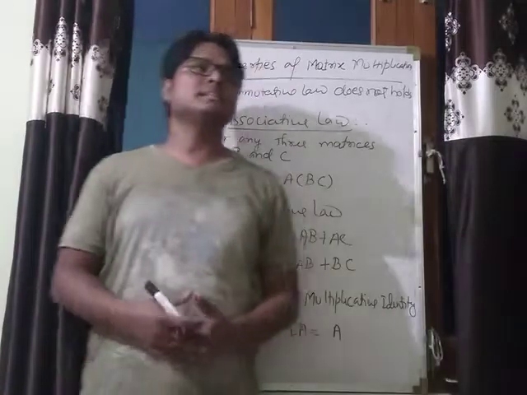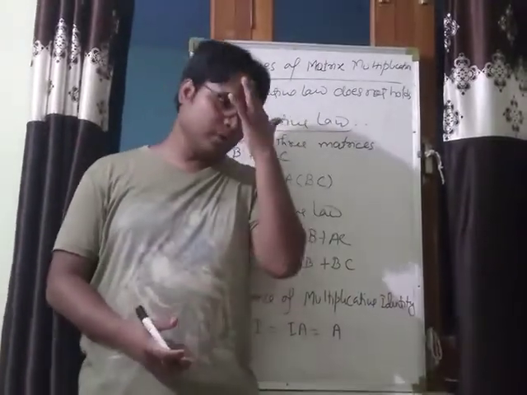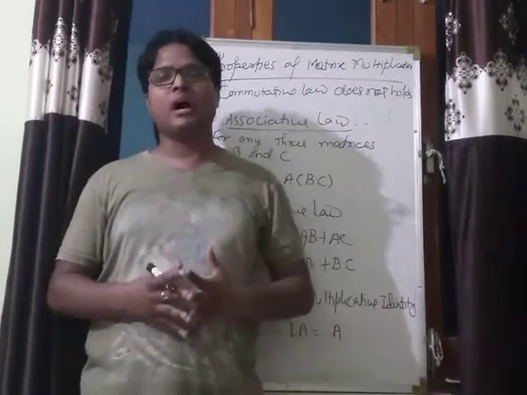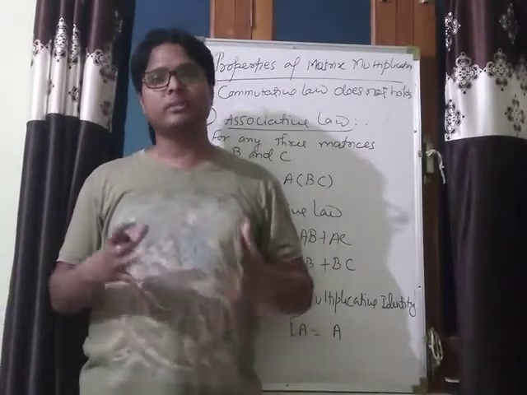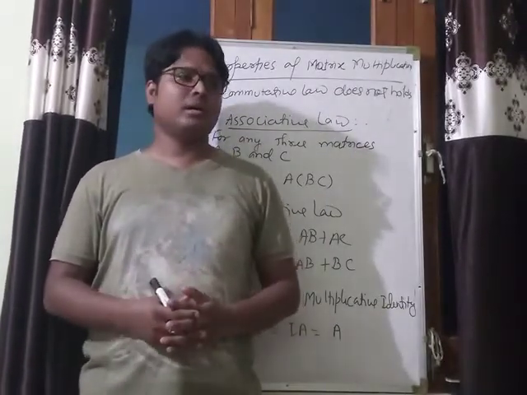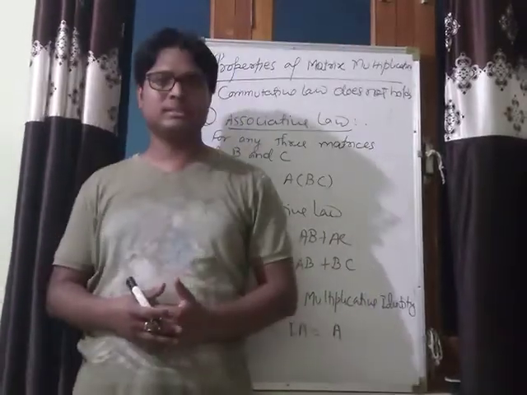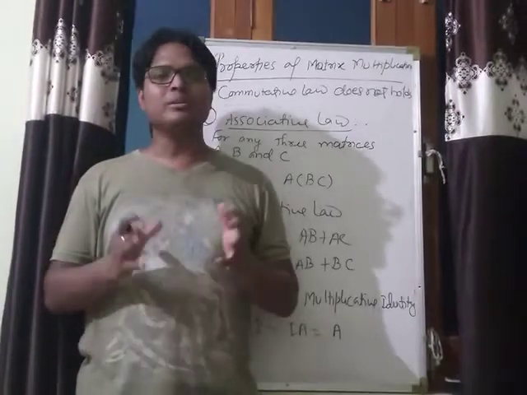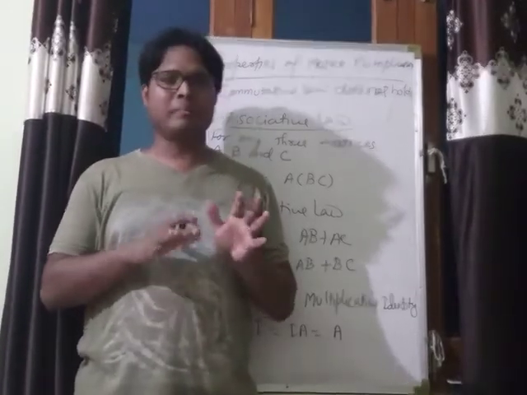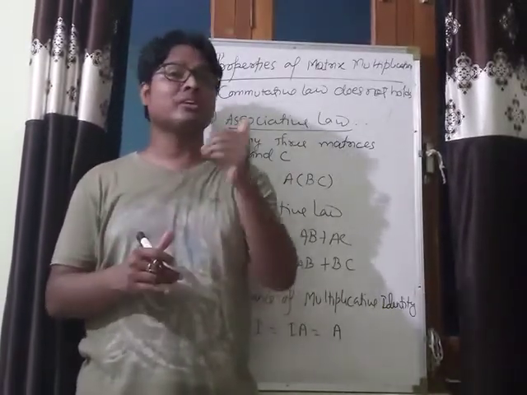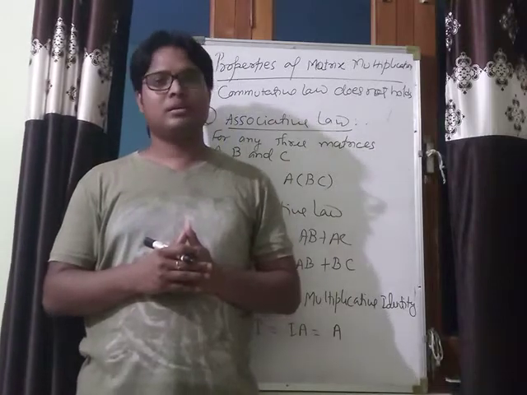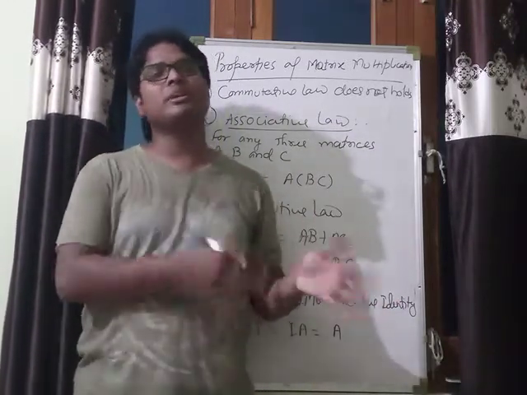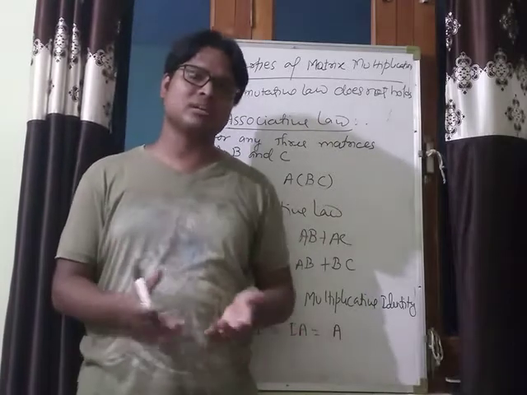Now, students, in this section, I am going to explain the properties of matrix multiplication. In our last section, we had seen that the commutative law generally does not exist in matrix multiplication. It may be possible that AB exists, BA does not exist. AB and BA both exist, but their orders are not the same.